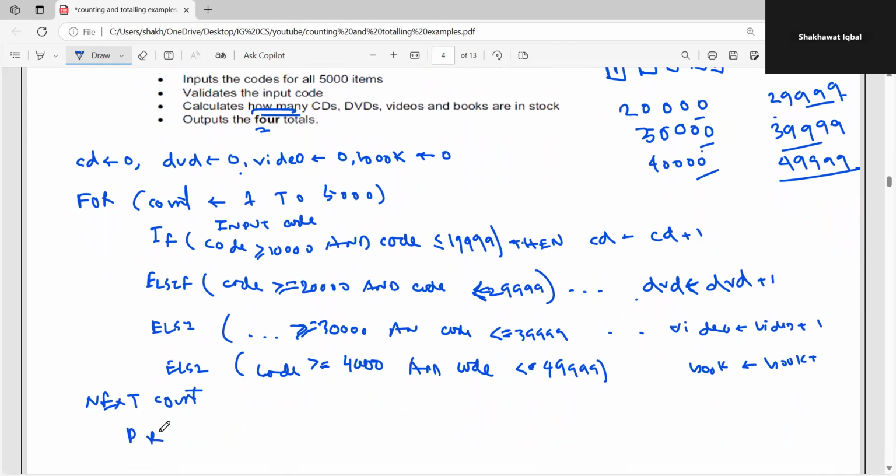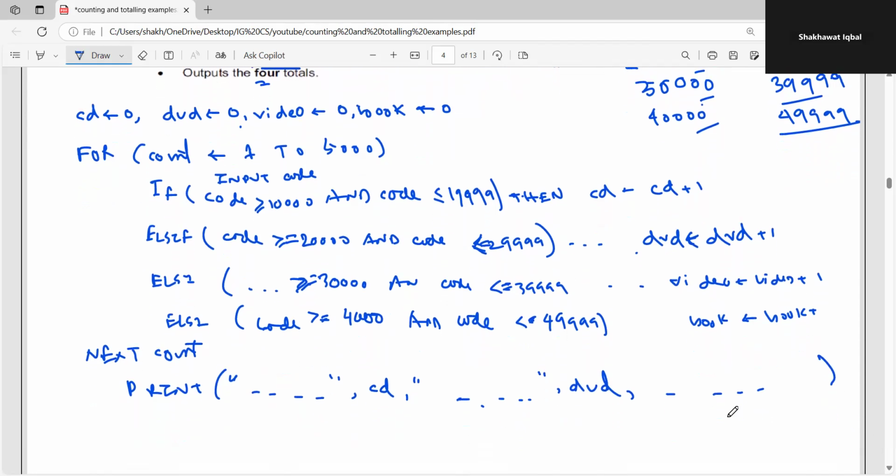Then we write the print. Number of CD is CD, comma, number of DVD, comma, here this DVD, right? Continue for 4 sentences, then it will be done. So I hope you understand. So always remember that for counting, you have to know the mathematical logic.